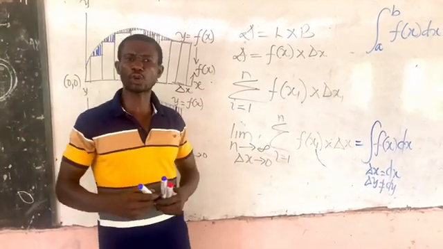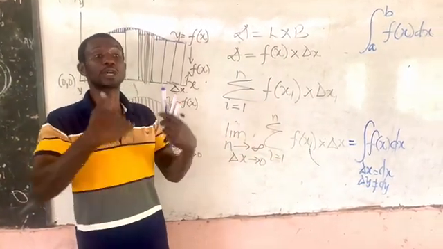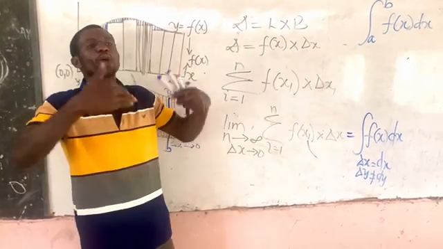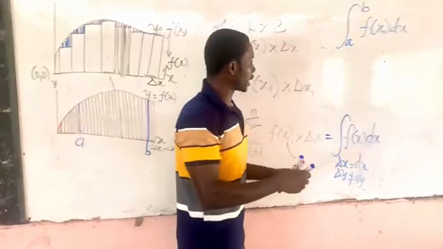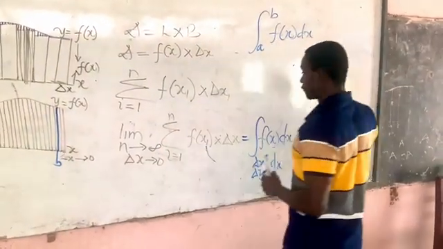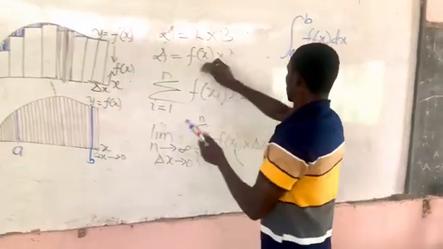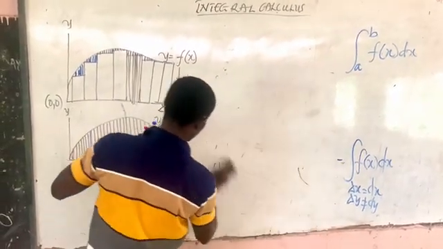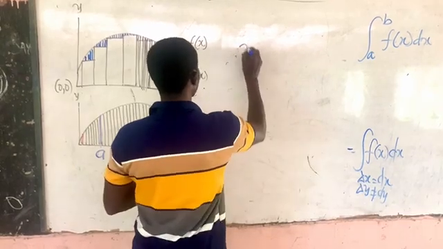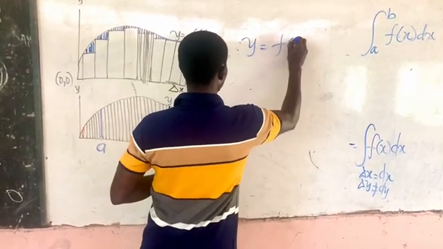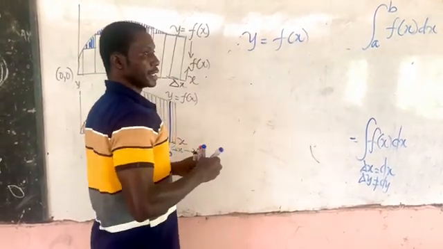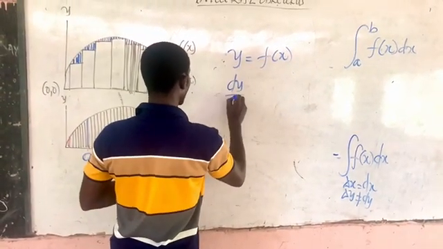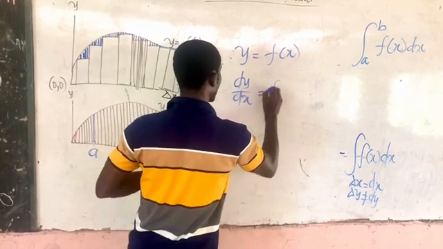Integration, on the other hand, can also be a method of calculating a function whose gradient function has already been given. Let's have a look at it. If you have y is equal to f of x, then differentiating gives dy dx is equal to f prime of x.